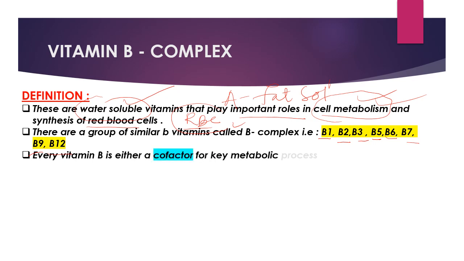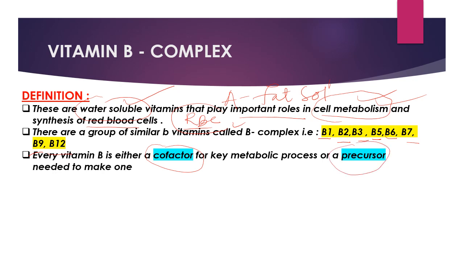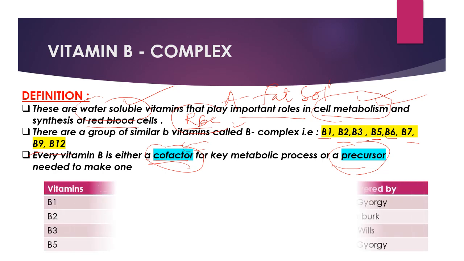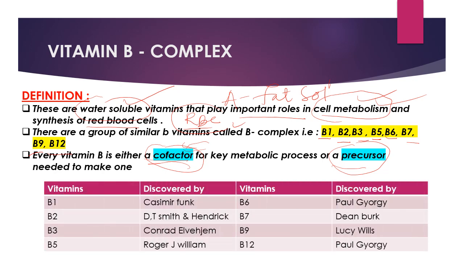The role of vitamin B is either a cofactor or a precursor needed to make one. That is, a substance that is responsible to make the cofactor. Let us know about the discoveries of these vitamins.